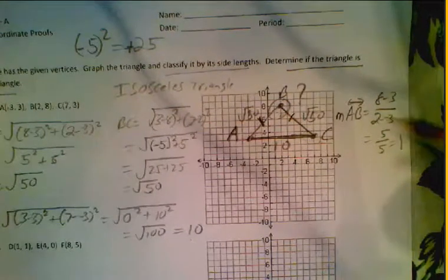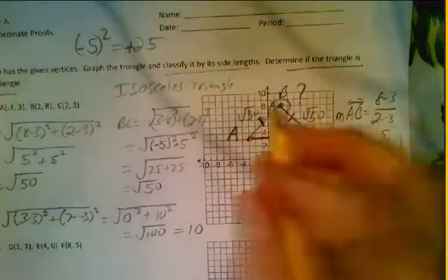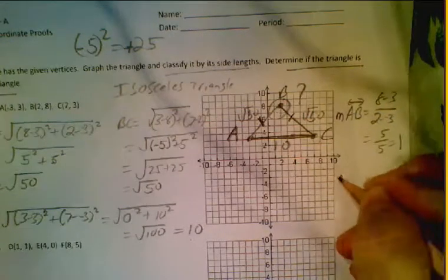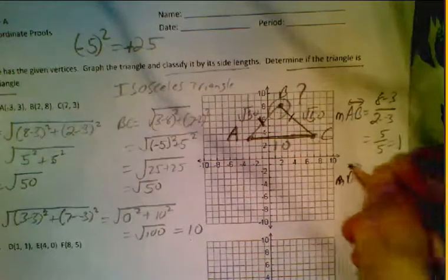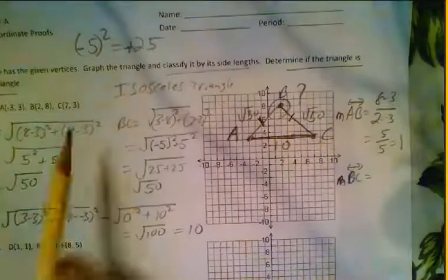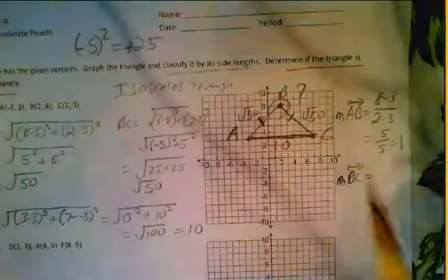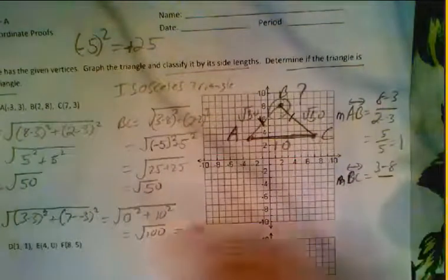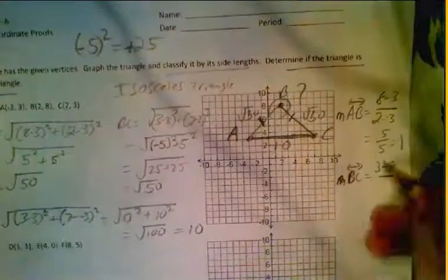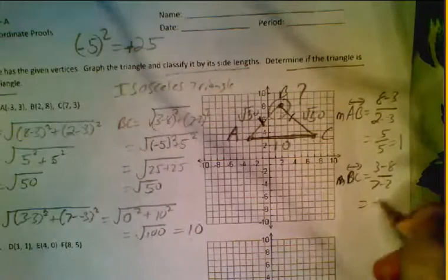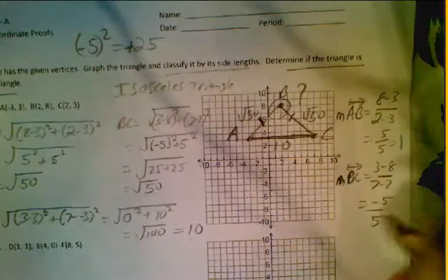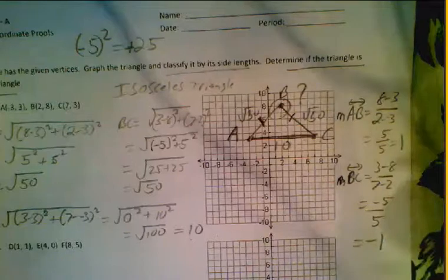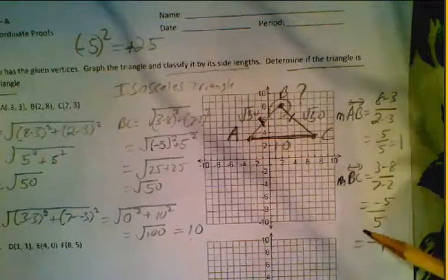I'm just using the slope formula, of course. And now I just need the slope of BC. BC, let's see, that's going to be 3 minus 8 over 7 minus 2. 3 minus 8 is negative 5. 7 minus 2 is positive 5. This becomes negative 1. So I have a slope of positive 1, a slope of negative 1.